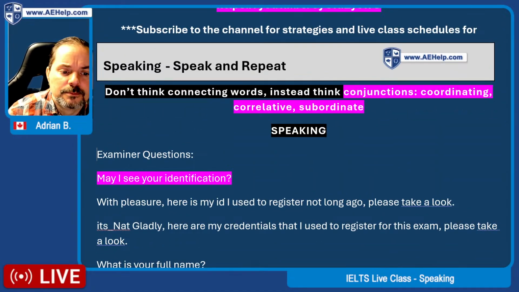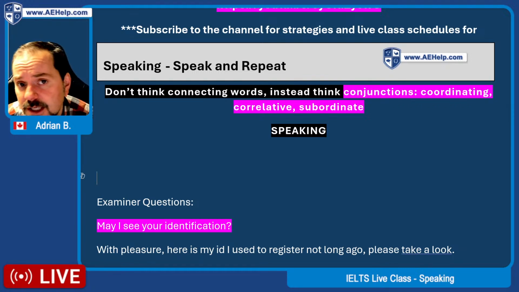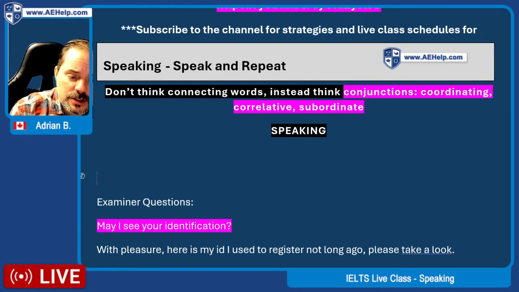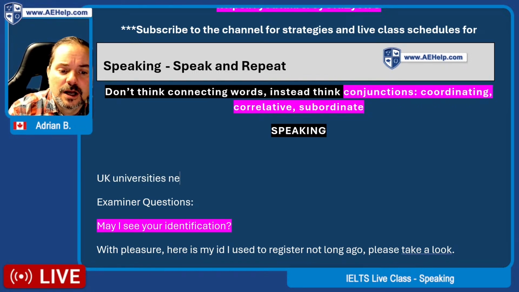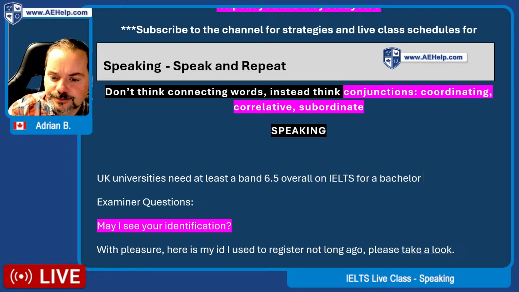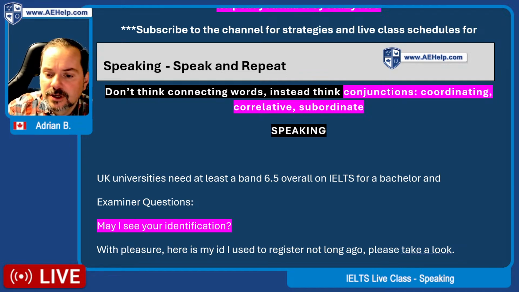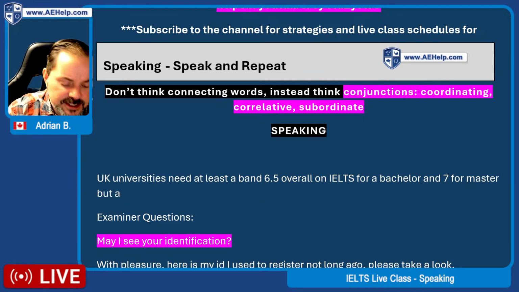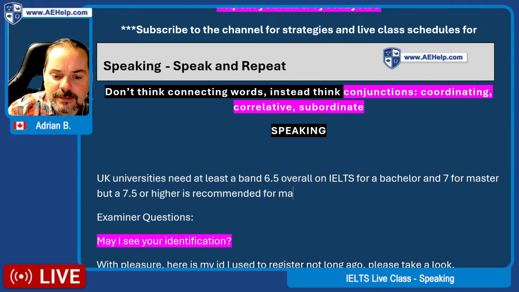So UK universities, like universities in the US, Canada, Australia, need at least a band 6.5 overall on IELTS for a bachelor, and 7 for masters, but a 7.5 or higher is recommended for masters and PhD.